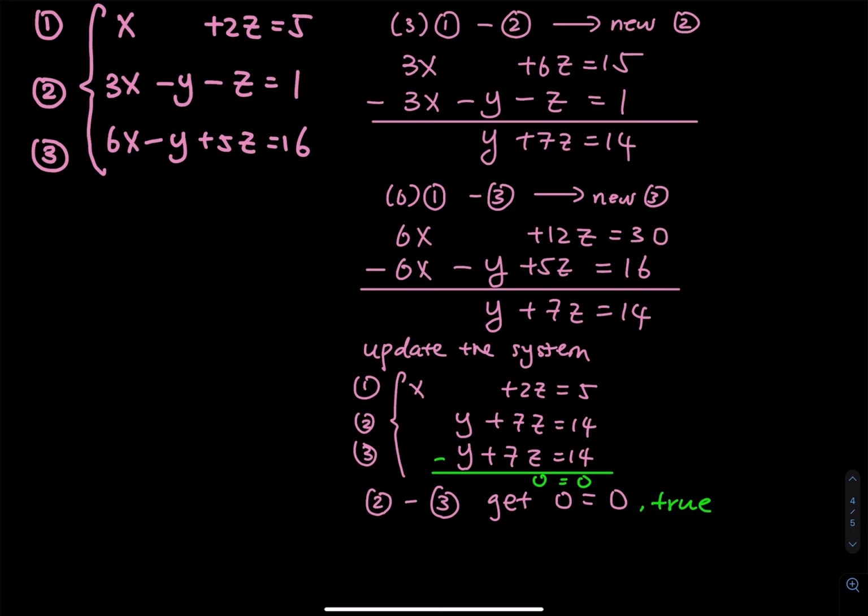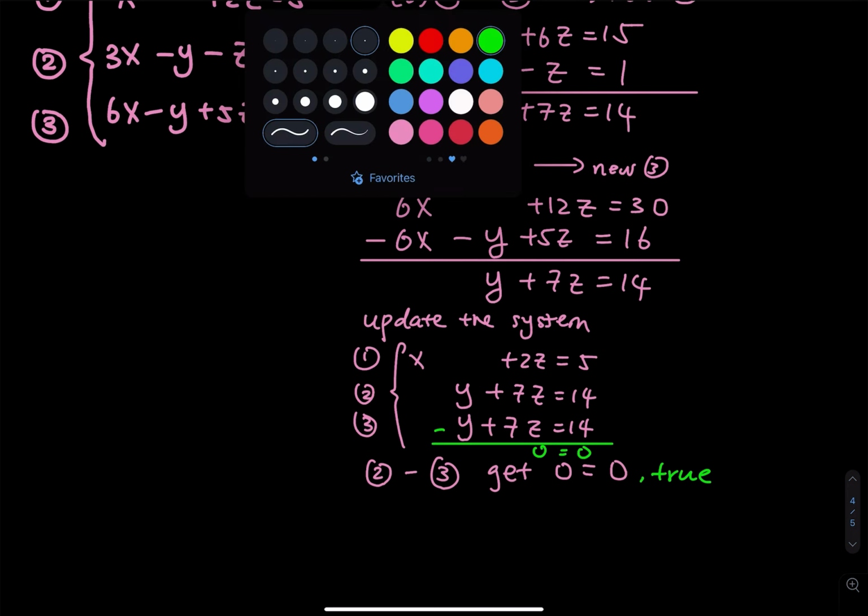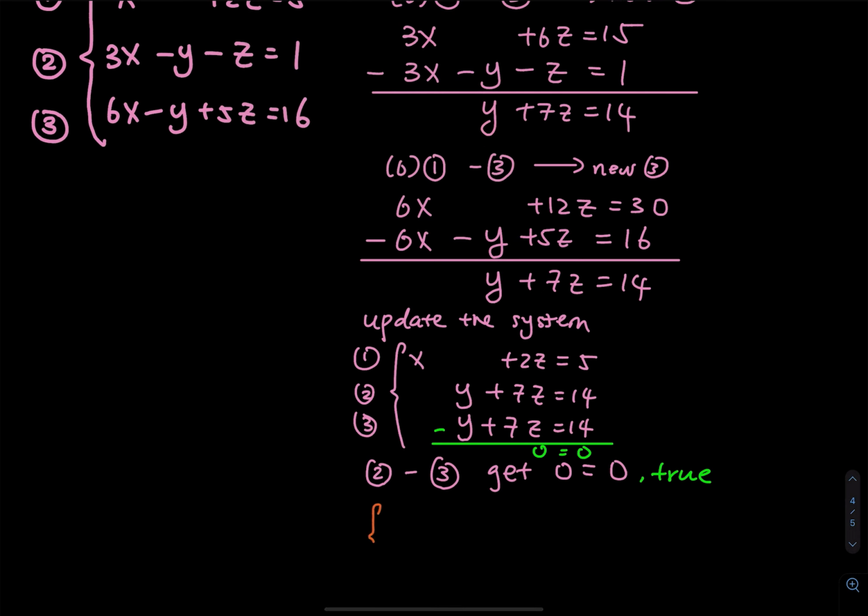What else can you do? You can say, all right, since equation 2 and 3 are the same, can we just treat that as one equation? Absolutely yes. So let's try. Let's do it in a different color. So we will have x plus 2z equals 5, and then y plus 7z equals 14, right?